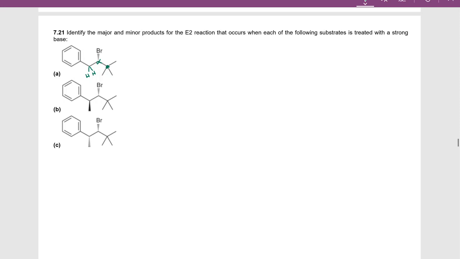In other words, I can only form the double bond between these two carbons, right? So I don't have regioisomers to worry about. But since I have two hydrogens, I can form both the E and Z, or cis and trans isomers, okay?